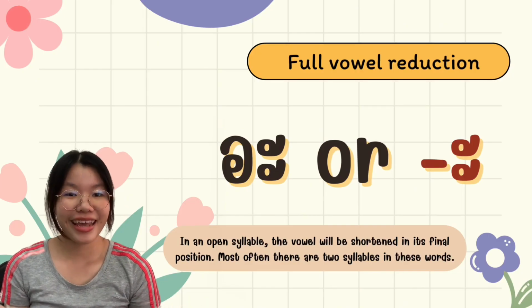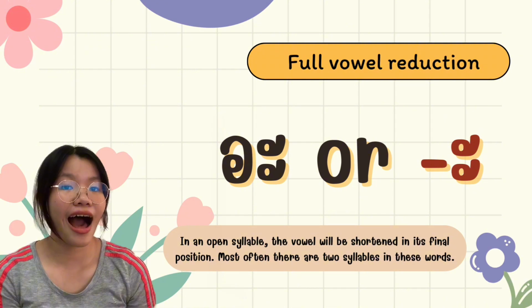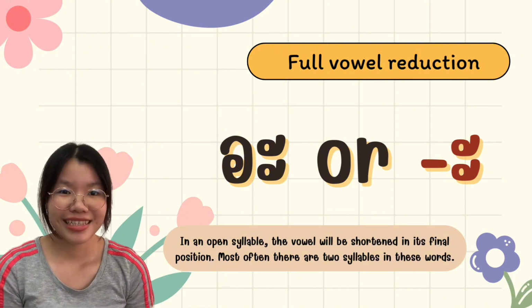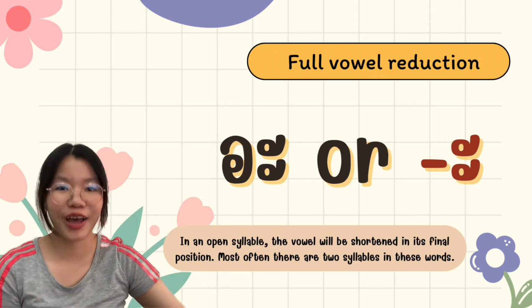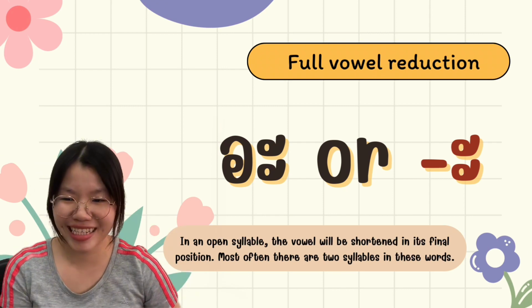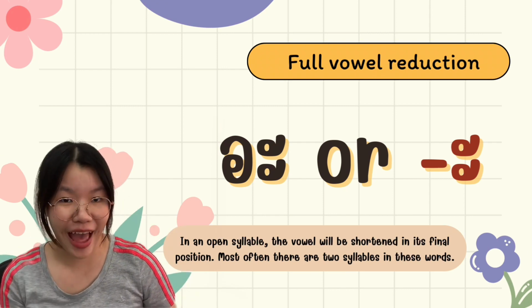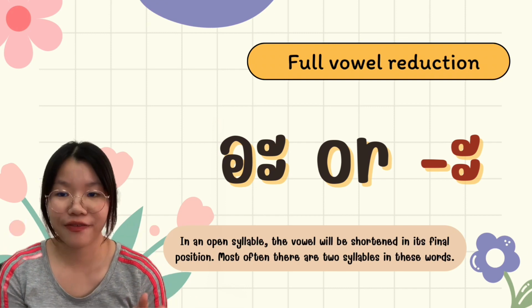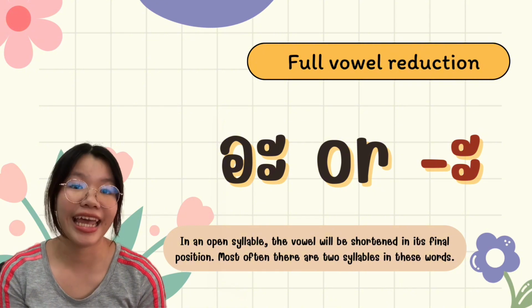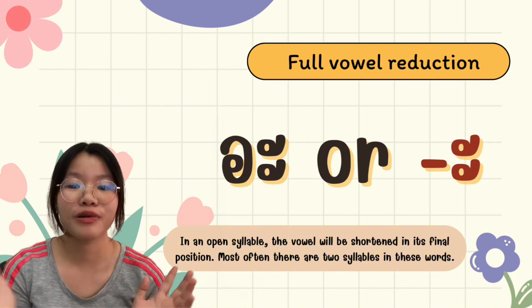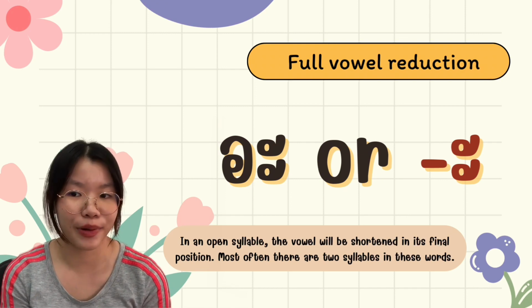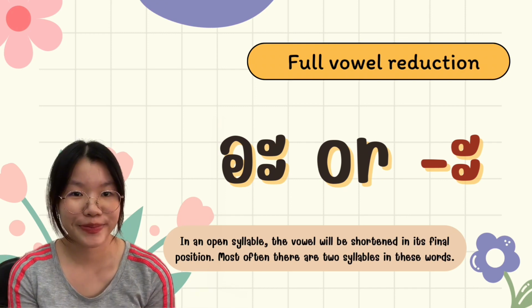Next one is สระอะ. Repeat after me. Alright, this vowel in the open syllable will be shortened in the final position. Most often, there are two syllables in this word.